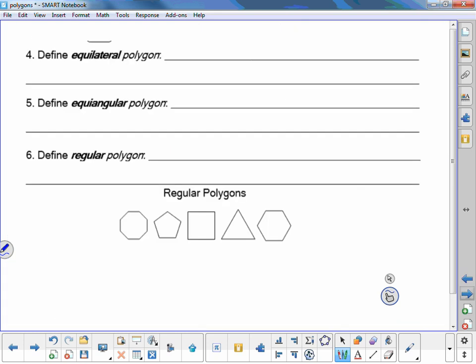Now, there are types of polygons. Equilateral means a polygon with all sides congruent. Equal angular polygon means that all angles are congruent.